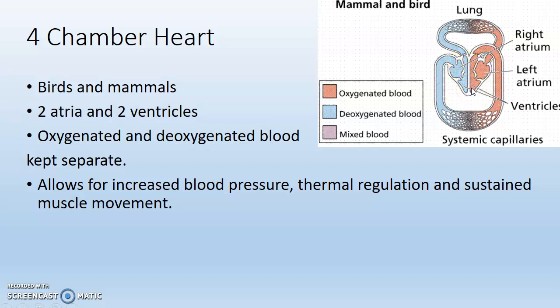You learned that in chemistry class. As volume goes up, pressure goes down, and vice versa. So with a smaller volume here, you have a higher pressure, and that is able to push blood out at a higher pressure, gets it out to go farther, right? More pressure means it's going to pump farther. So it allows for increased blood pressure, and what that does is it allows us to keep our bodies warm.